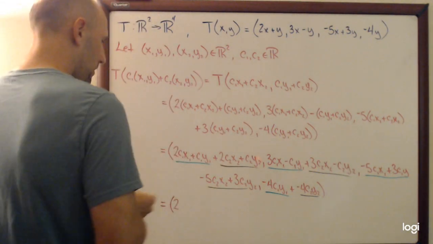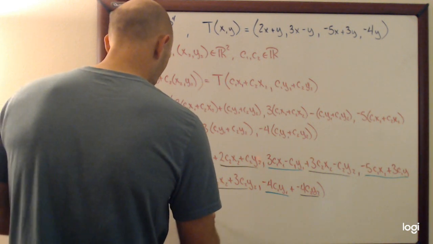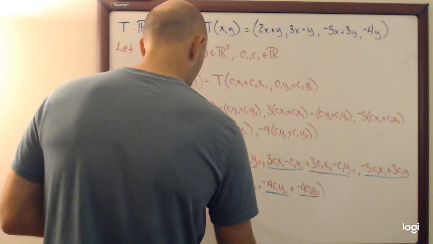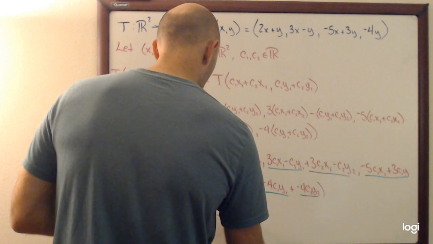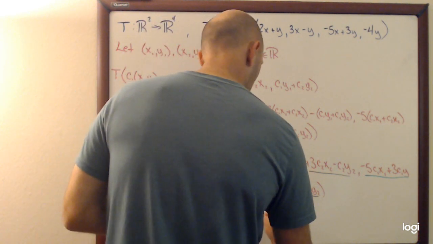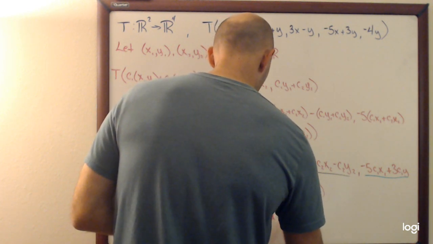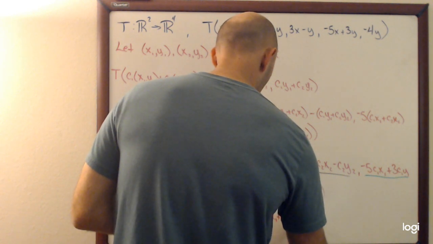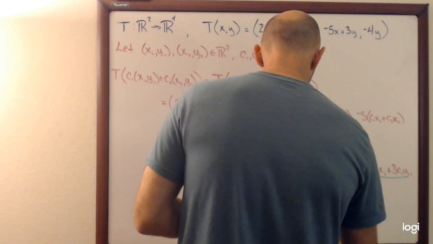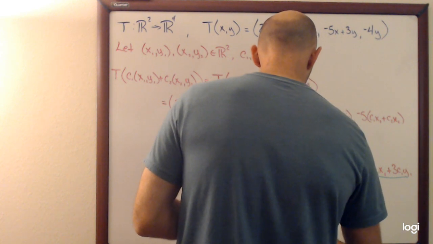So this is going to be 2 c1 x1 plus c1 y1, comma, 3 c1 x1 minus c1 y1, comma, negative 5 c1 x1 plus 3 c1 y1, and negative 4 c1 y1.